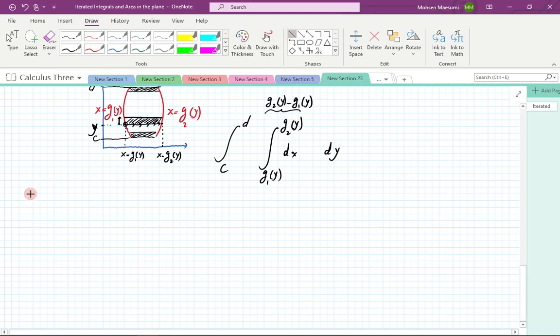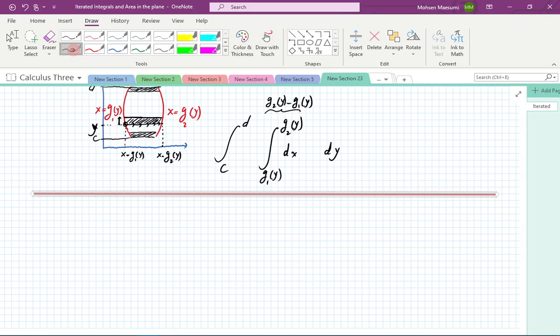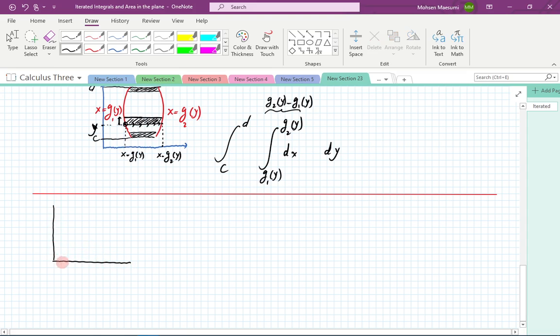So at the beginning, most of the problems we do are very similar to what you have done in Calculus 1, just that the notation has changed, the way we approach it has changed. So suppose I want to calculate the area of the following shape. So I have, say, a parabola here.